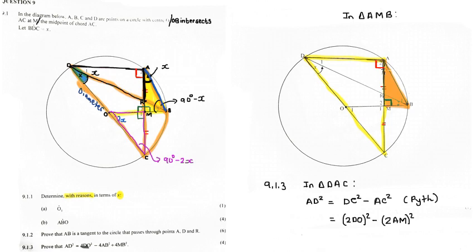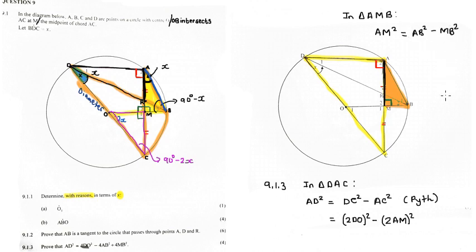I'm going to focus on looking for an equation for the side AM, so that I can substitute it into this small little equation that we are developing over here. So we're going to have that AM squared is equal to the hypotenuse squared, so AB squared, minus the other side squared, so MB squared.